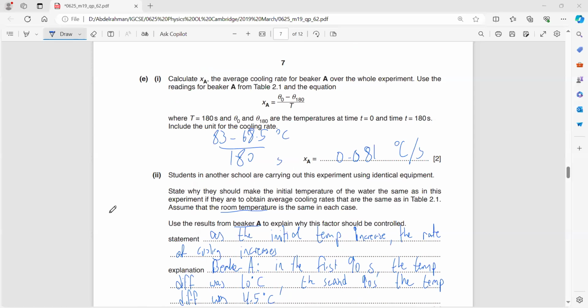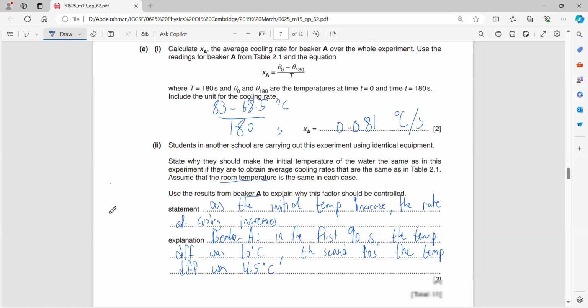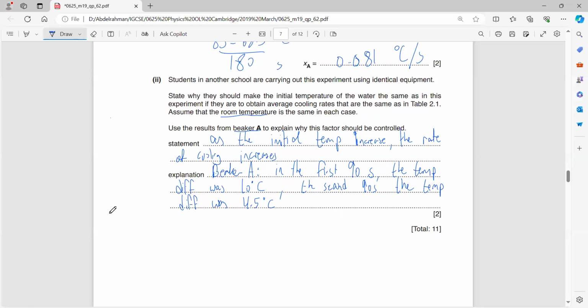Again, as the temperature is approaching the room temperature, as the temperature difference is getting smaller, the rate of cooling decreases.